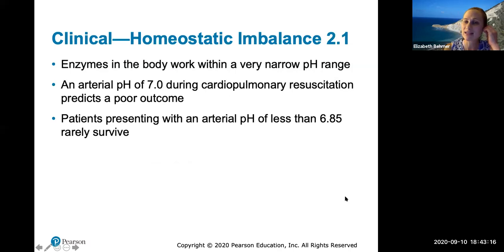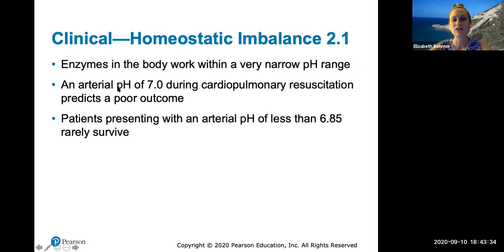A homeostatic imbalance. So this is a little bit about the pH levels of the blood. The enzymes in your body work within a very narrow pH range to keep chemical reactions occurring at the right rate, and to keep everything normal in the blood specifically.